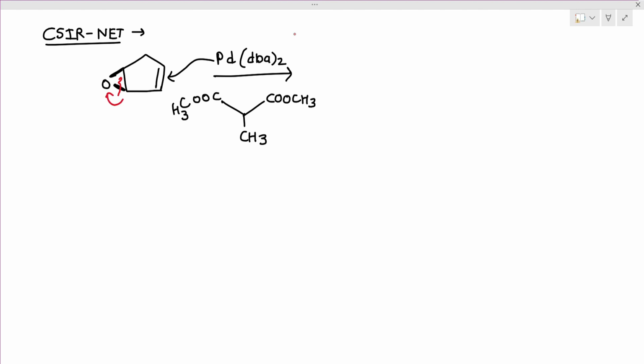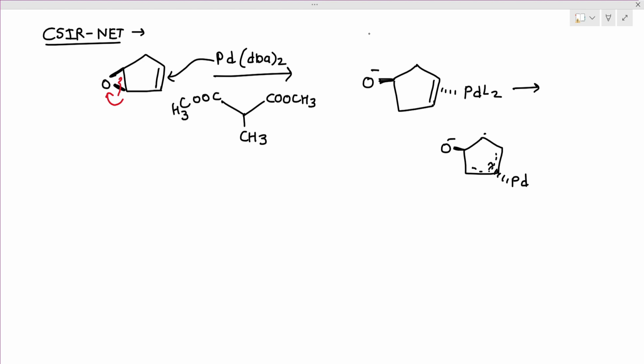So at this position you are getting PdL2, and here this is our O minus. Now this complex will change to a pi allyl complex. So this is O minus, and at this side you are getting the palladium complex in this manner.